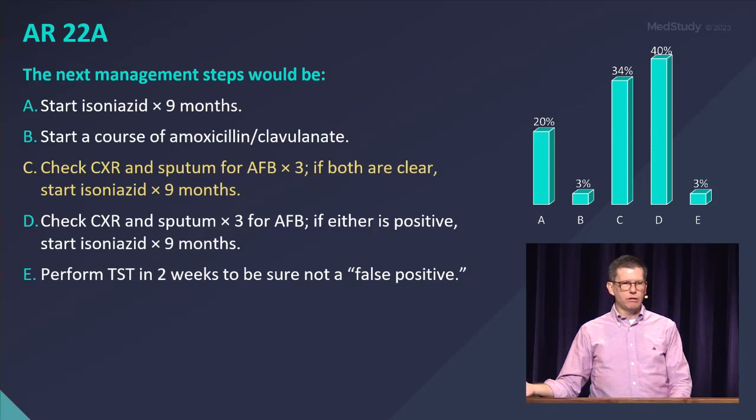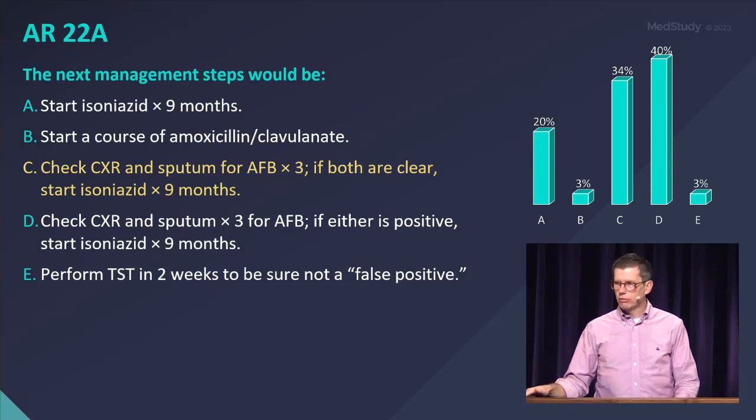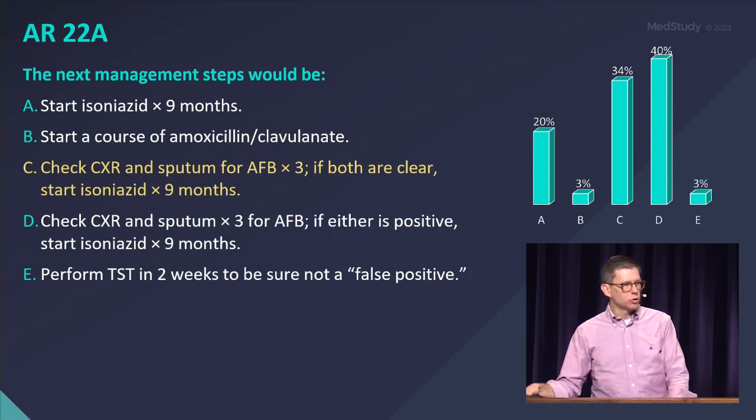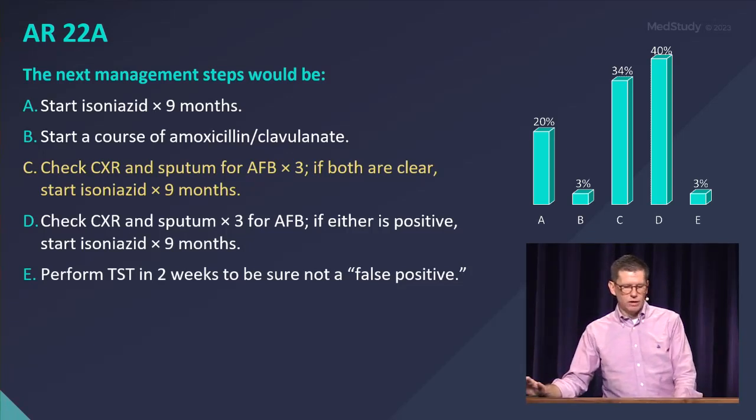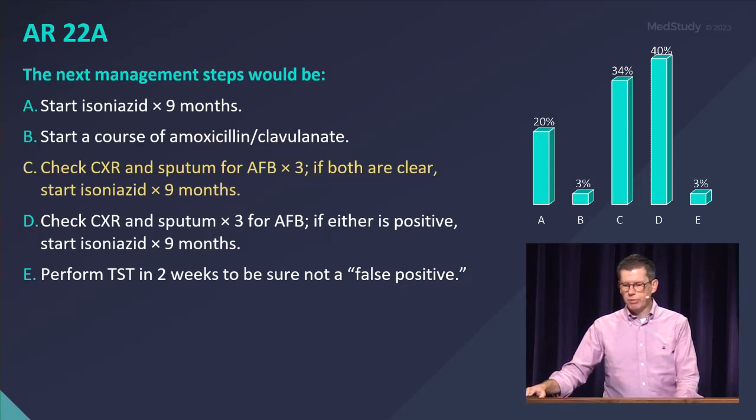For this kid, you don't know if the cough is related to TB or if it's related to a viral or lower respiratory tract infection or what. So in this case, you need to determine infection versus disease before you start any therapy at all. This is why it's C: you do an x-ray and you do sputum for AFB.